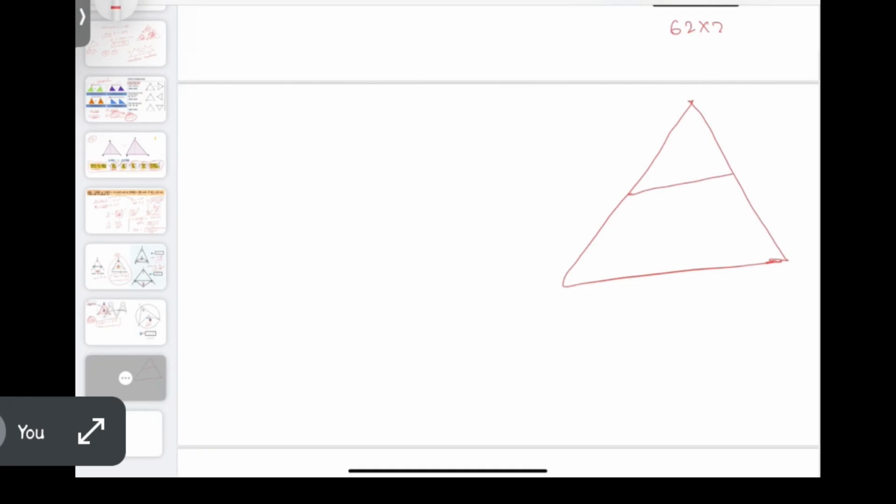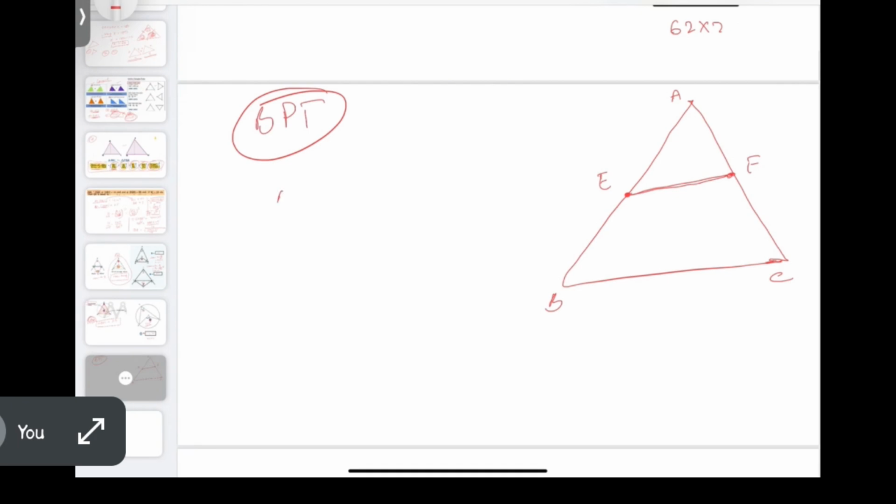this we call the basic proportionality theorem, BPT. So if this is A, this is B, this is C, this is E, and this is F. The simple theorem is this. Basic proportionality theorem says if EF and BC are parallel, and if this is a midpoint, then their side ratio is the same.